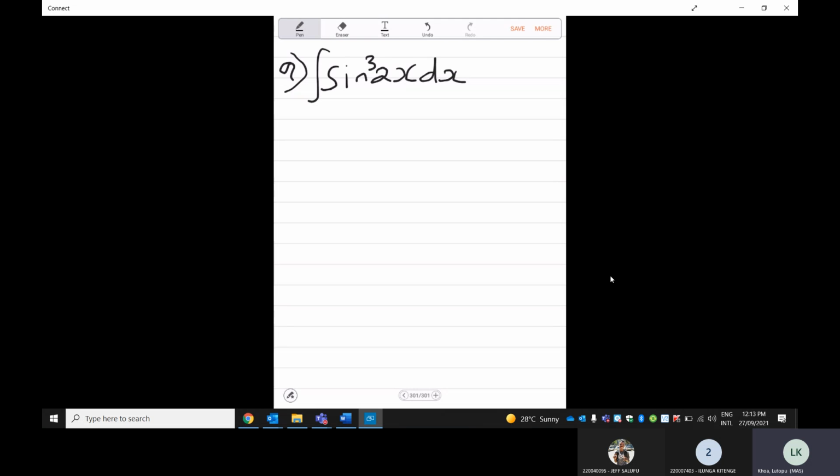Okay, so we need to look at this, and here 1 divided by 2. If I have x squared and I integrate, x to the power of 3 divided by 3. So here the number at the top, the exponent, must be the same as what is correct. Okay. Yes, that's good. That's good.